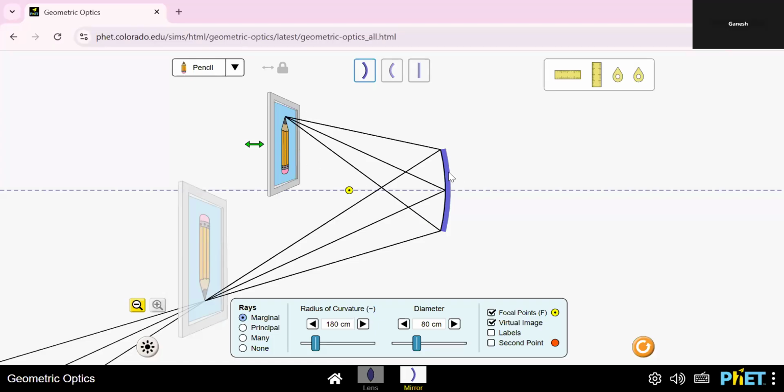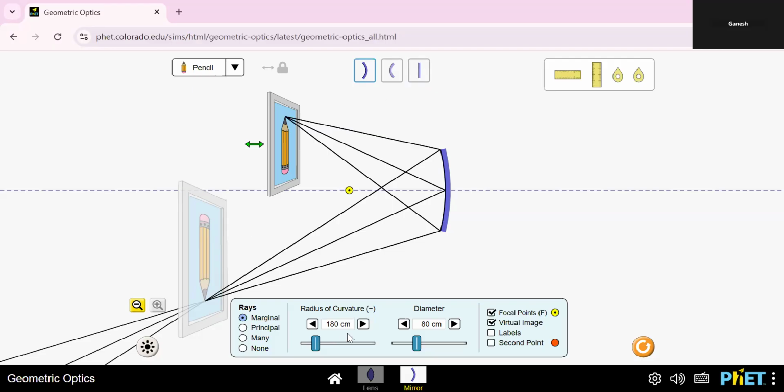The pencil is the object. This is the mirror. When the light rays pass through that area, the light is reflected. The image is formed on the opposite side. Inverted images are formed here, in the plane mirror.